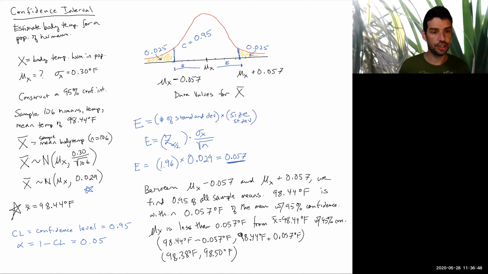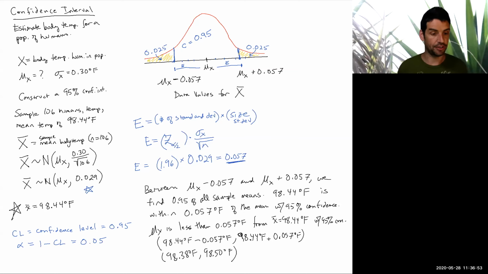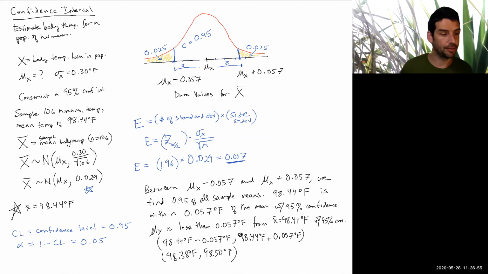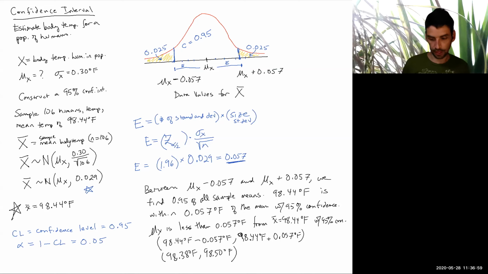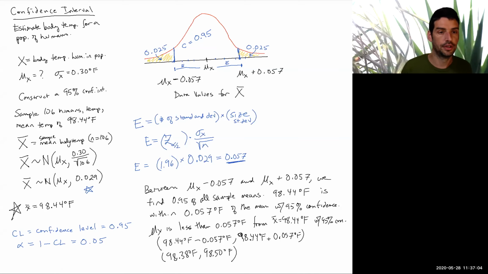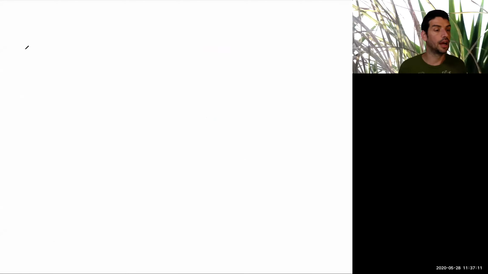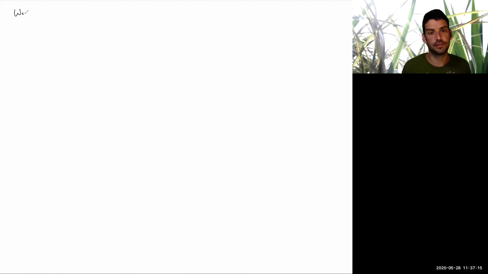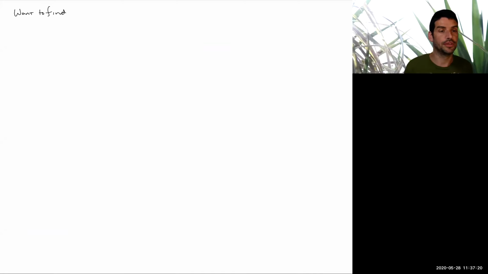Let me finish by summarizing this process. We'll do more examples in other videos, but I want to summarize it once. So let me clear this stuff. Our general process is, let me start over.